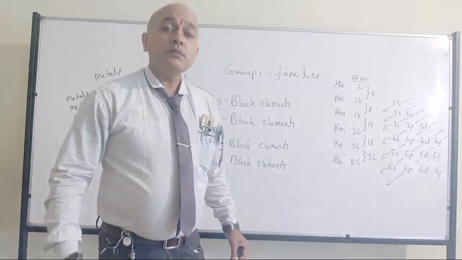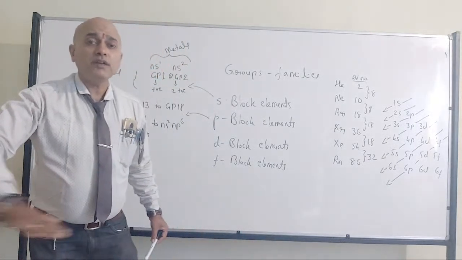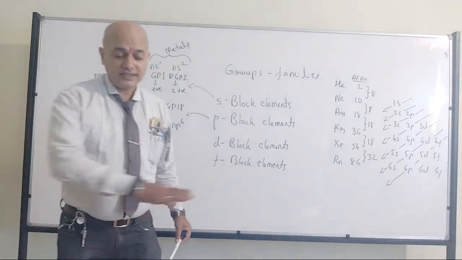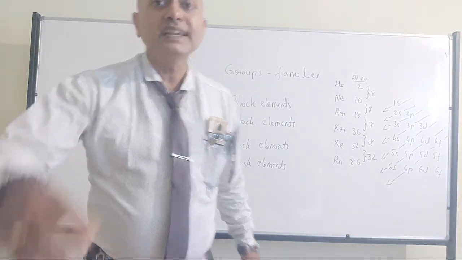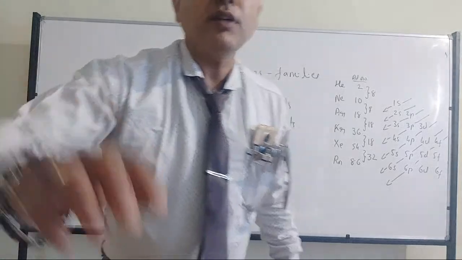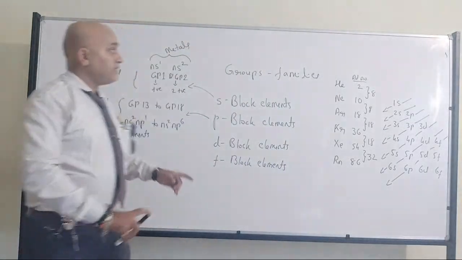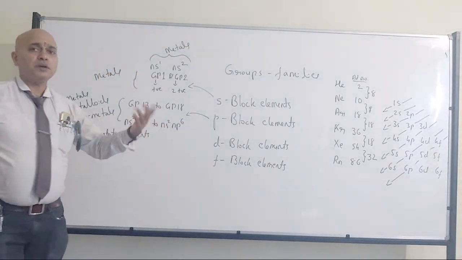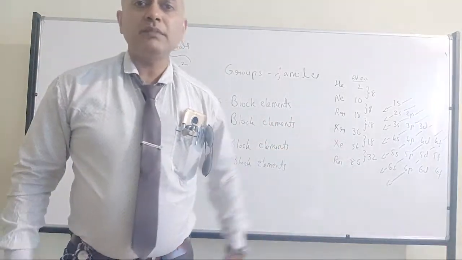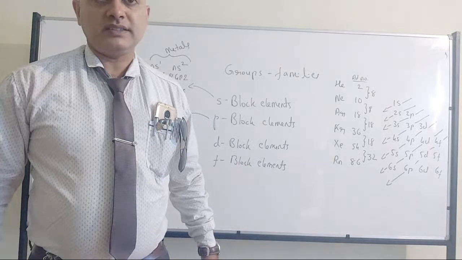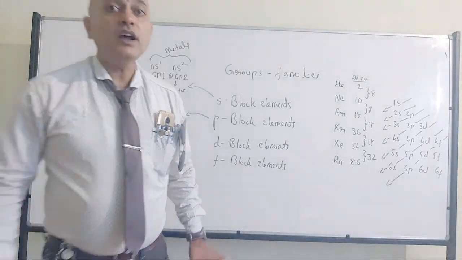But some of the elements at the bottom of the periodic table in P block, bismuth and others, are called metals. But when I am talking about nitrogen, oxygen, fluorine, all these elements are non-metals.